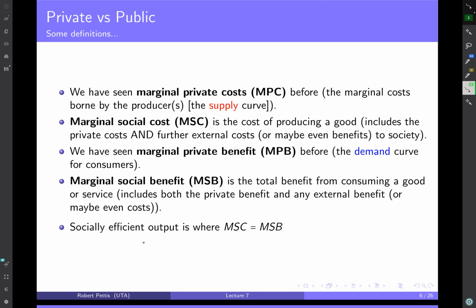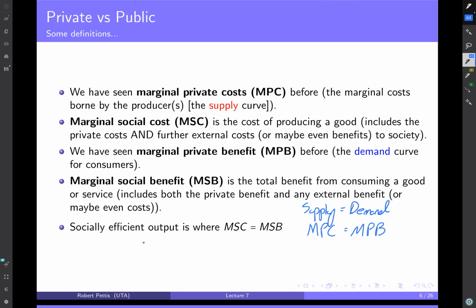And through these new things, we've got a new solution concept. Before, what we saw was that supply equals demand, equilibrium, and we said that that was what was efficient. Or in other words, in our new wording, marginal private cost is equal to the marginal private benefit.